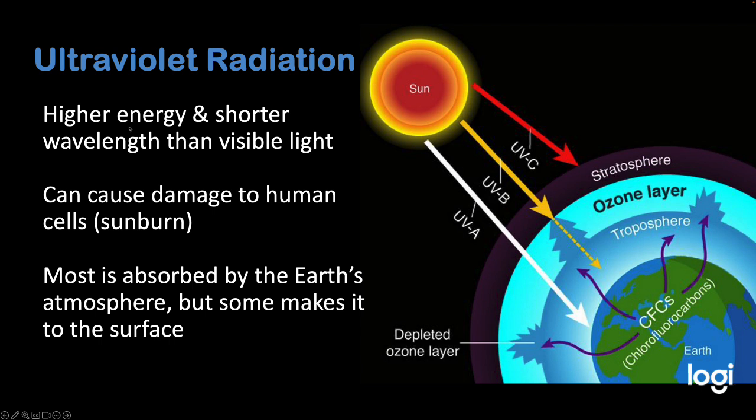The higher frequency you are, the shorter your wavelength, the higher your energy would be. And we're getting to high enough energies that this could be damaging to human cells. Of course, this is what sunburn's all about and why I need to put sunscreen on if I'm outside for long periods of time.